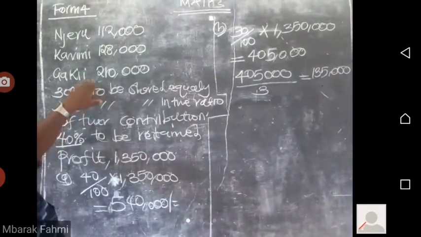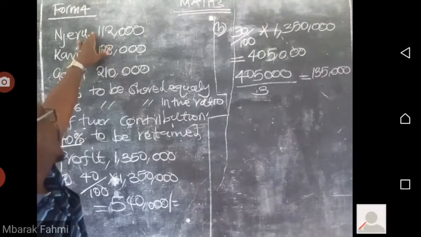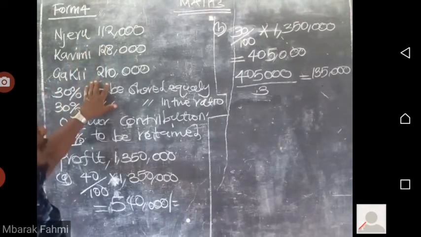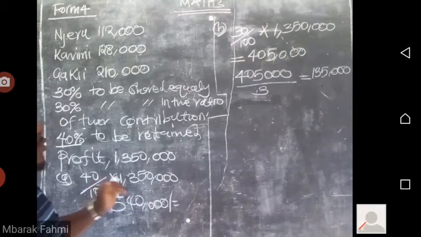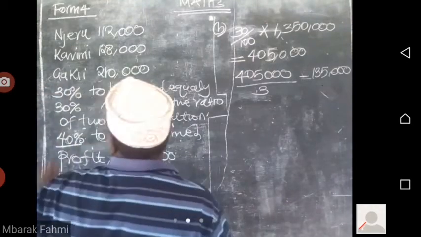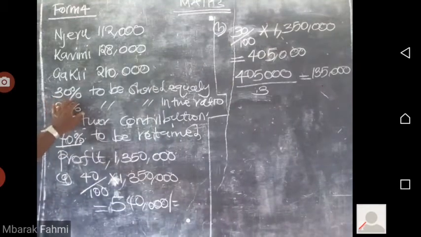Okay? So after that, we need to check the ratio of their contribution, and from the ratio we can distribute the other 30%.